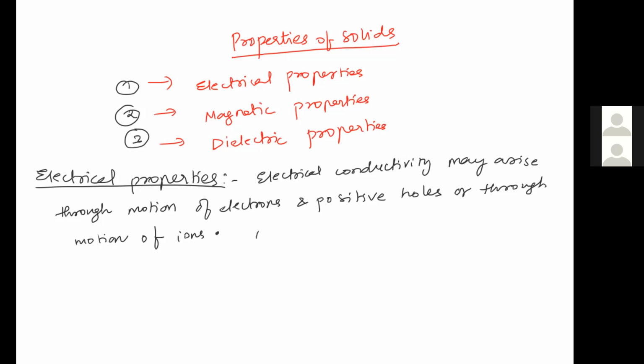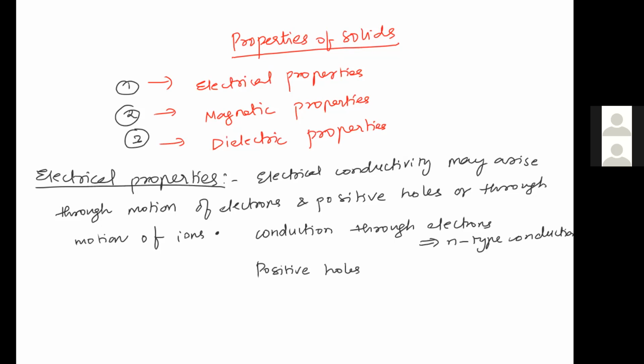Remember that. If the conduction is happening through electrons, you call this n-type conduction. And if the conductivity is happening through the positive holes, this is called the p-type conduction.